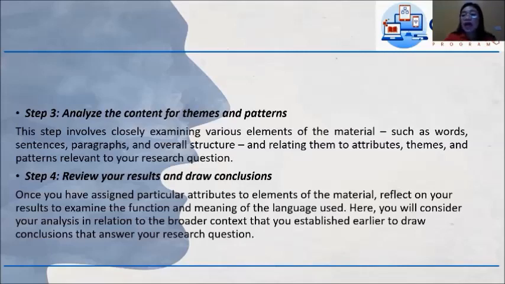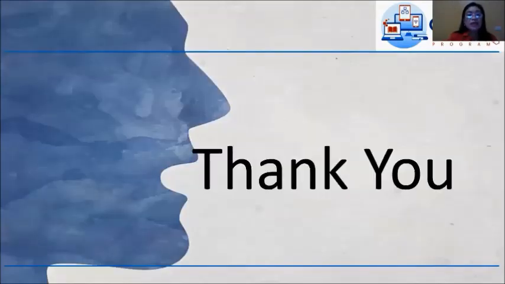Here, you will consider your analysis in relation to the broader context that you established earlier to draw conclusions that answer your research question. Okay, so these are the steps in conducting discourse analysis.